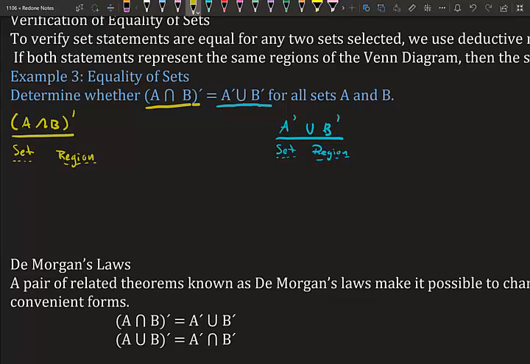So our left side, that's broken down. There's a few pieces there. We have set A, we have set B, and then we have the intersection of them. And then we're going to bring it all together with our complement.